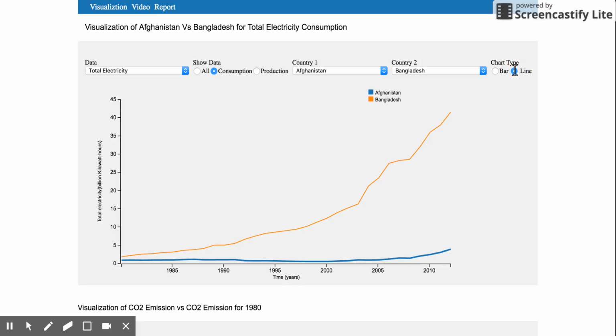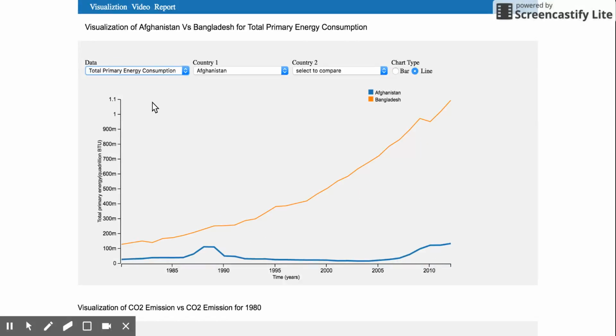You can see all this information in the line chart as well. It's more clear. Let's choose a different energy, let's say total primary energy. Okay, if you see total primary energy, Afghanistan is less, Bangladesh is more.